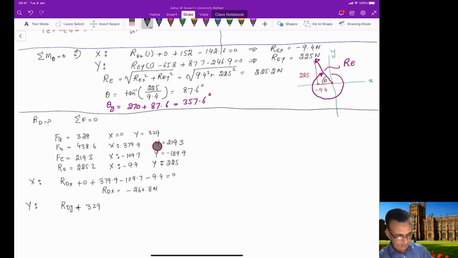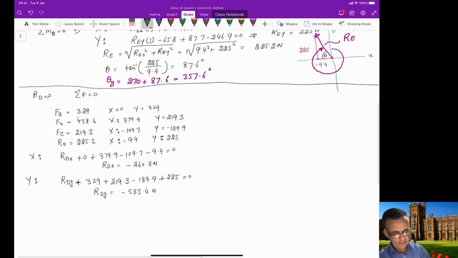Then you have the FBy, which is plus 219.3, and then you have this minus 189.9, and then you have plus 225, which is all the forces in the y direction, and this will be equal to 0. So from here you will be able to calculate RDy, which will be equal to minus 583.4 Newton.